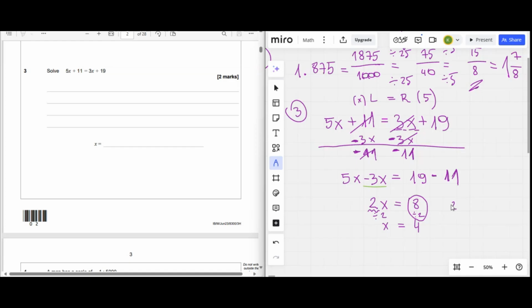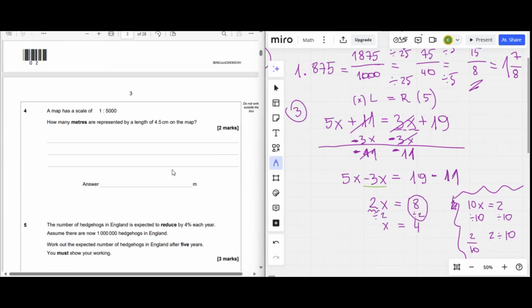If it was 10x equals 2, we need to divide by whatever is standing next to x. So divide by 10, divide by 10. And we need to do 2 divided by 10, not 10 divided by 2 because it's easier. Unfortunately, it will be just a fraction. That's a digression. Okay, x is 4. Next.